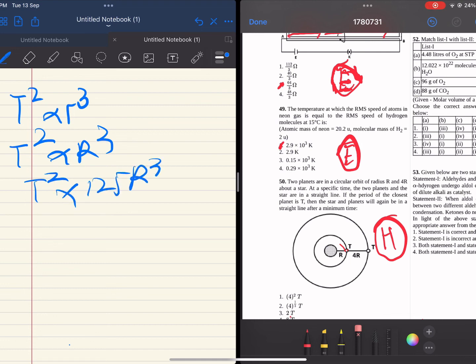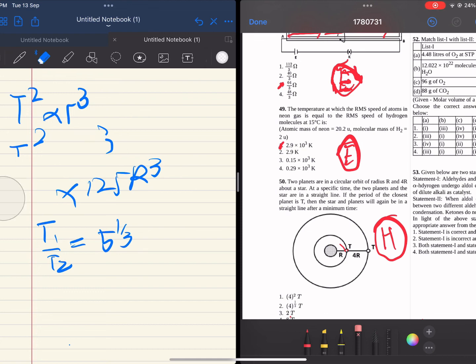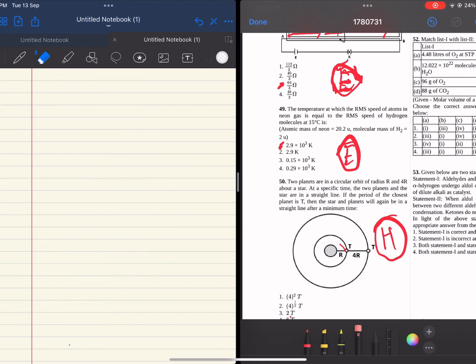So T1 by T2 is equal to 5 power 1 by 3. Actually, not 125, yes, 125 power half. The second planet's time period will be 5 root 5 times that of the first planet.